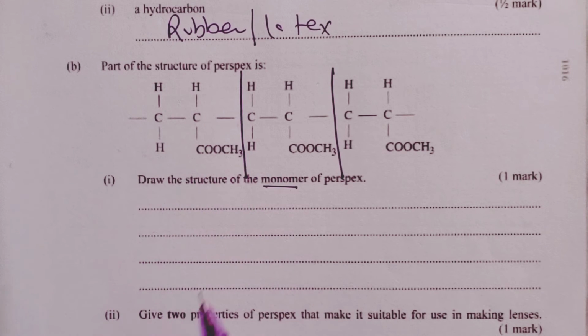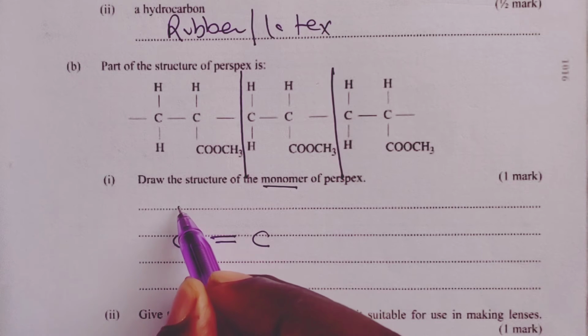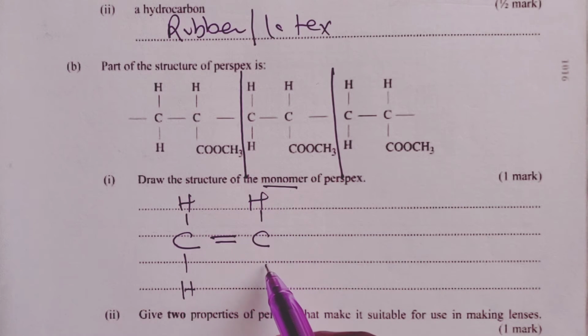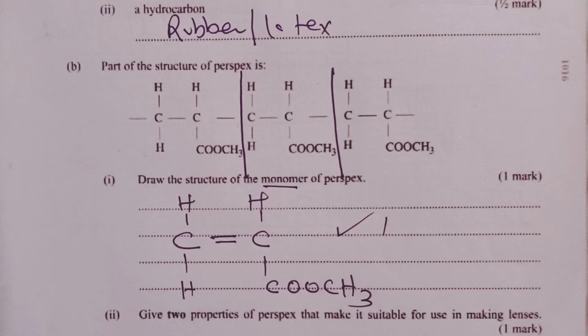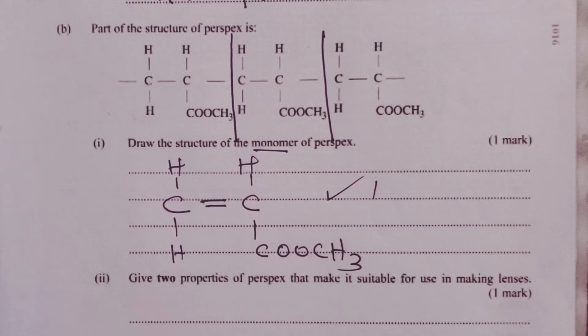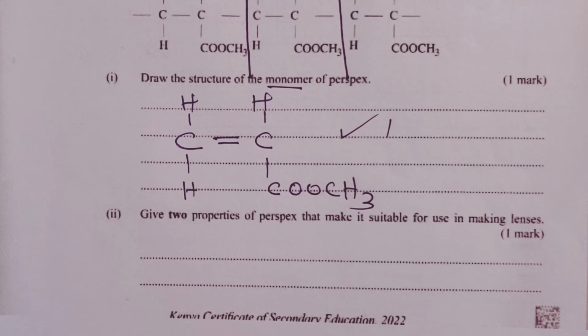So you pick that repeat unit and you introduce a double bond in between the carbon atoms for us to get the monomer. So it is as easy as what I have just done for 1 mark. Identify the repeat unit, pick it up, introduce a double bond between the carbon atoms in the repeat unit.